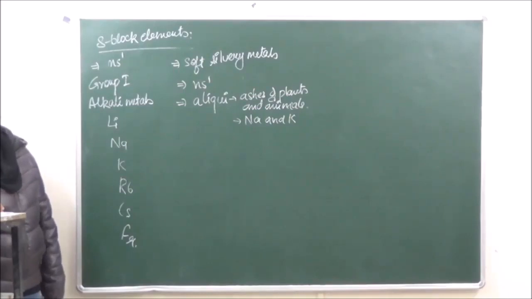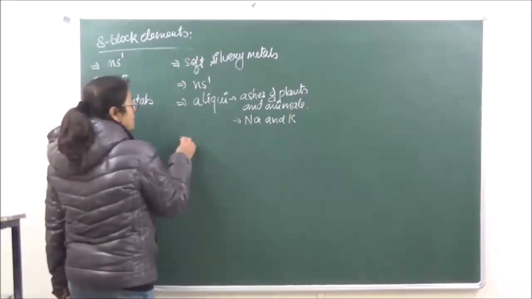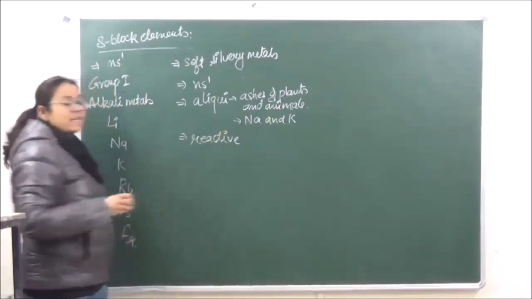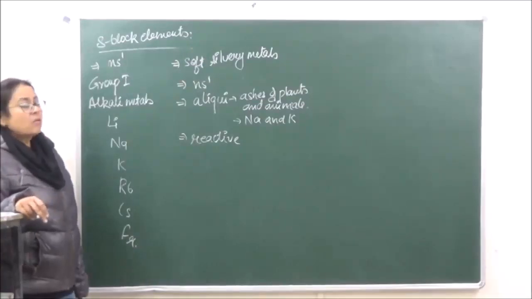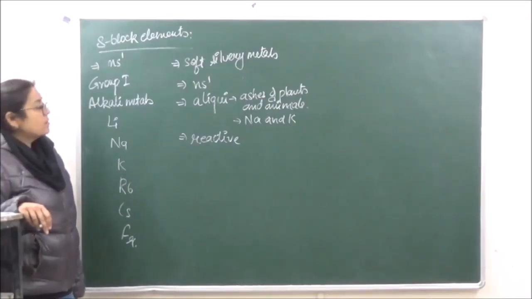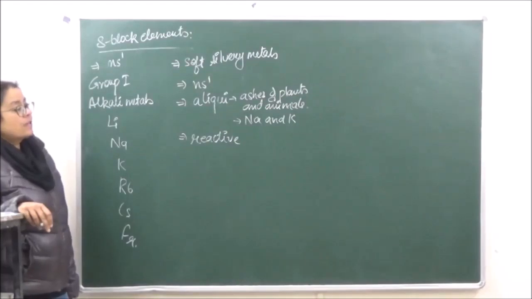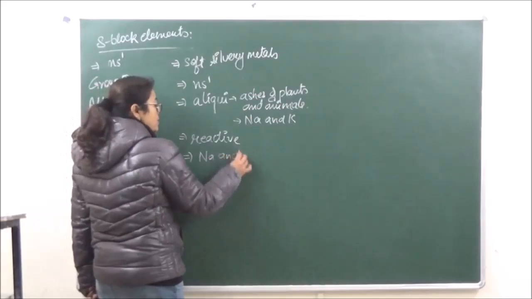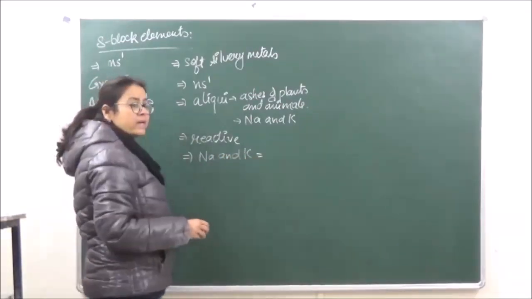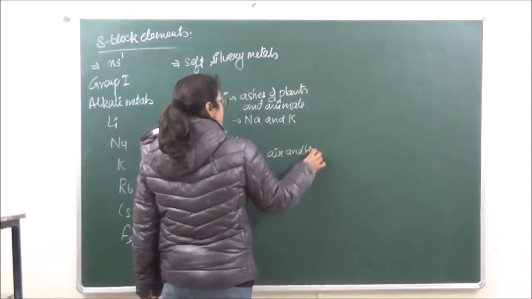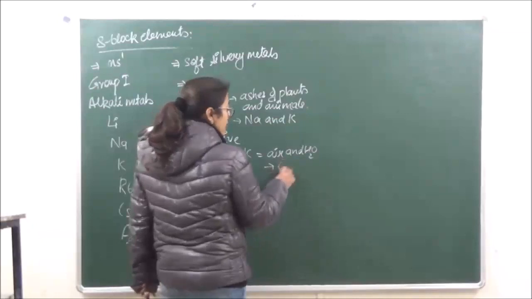Now they are most reactive amongst all. They are very, very reactive. The reason behind that is that they have only one electron in the outermost shell, and by losing that one electron, they are going to attain the nearest noble gas configuration. Therefore, they are very, very reactive. Specifically, sodium and potassium are highly reactive when exposed to air and water. They are going to catch fire.